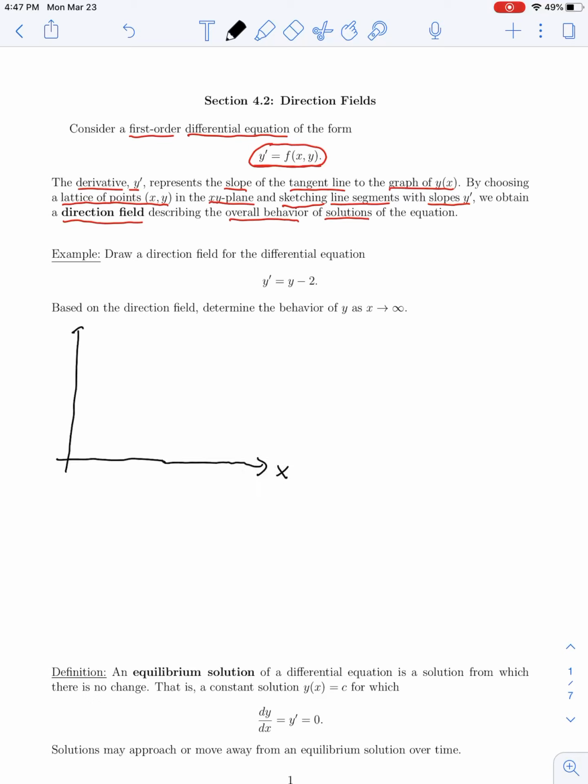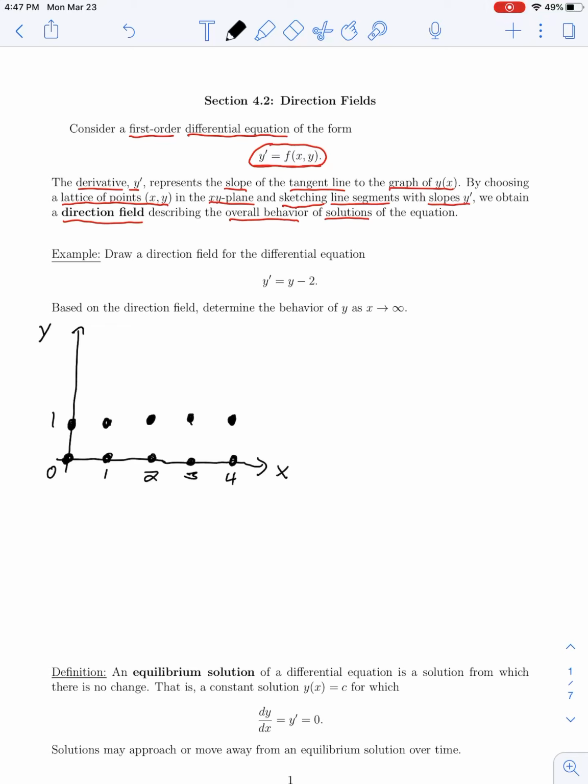Maybe at first we'll just start in the first quadrant. And we can choose different points here, maybe the origin (0, 0), (1, 0), (2, 0), (3, 0), (4, 0), and so on. We could choose the points (0, 1), (1, 1), (2, 1), (3, 1), (4, 1), and so on.